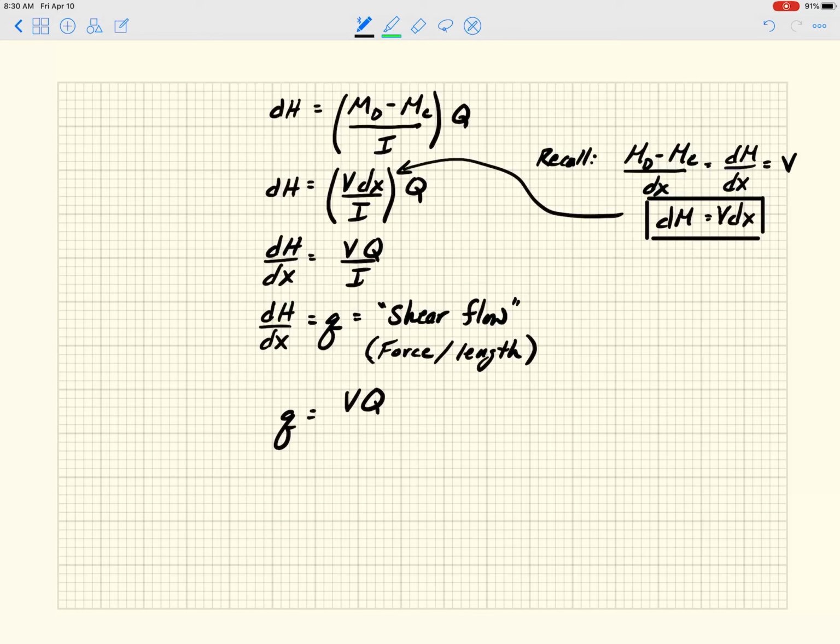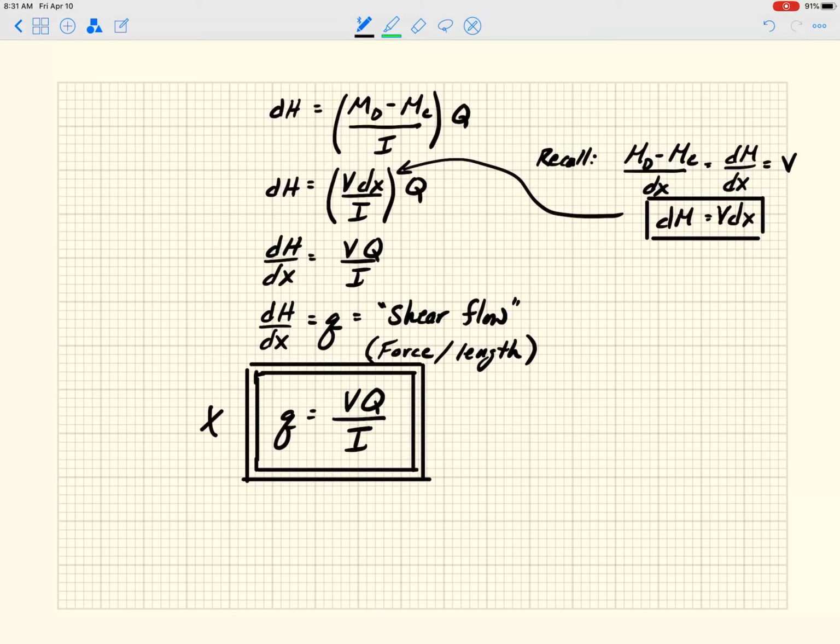Let me just rewrite this, and this will be the end of this particular lecture. This is what we were trying to get to the whole time, so I'll box it twice because it's so important, and I'll make sure I star it. So q is shear flow.